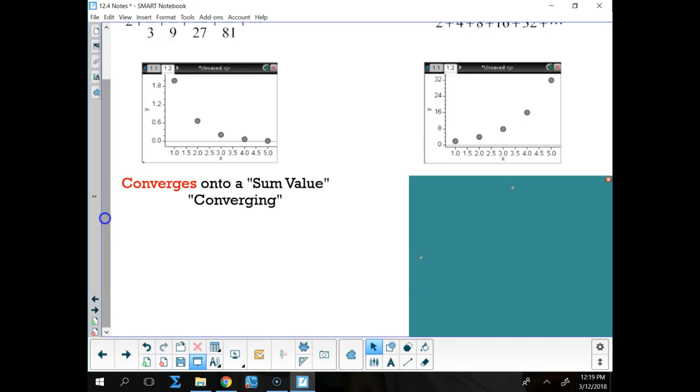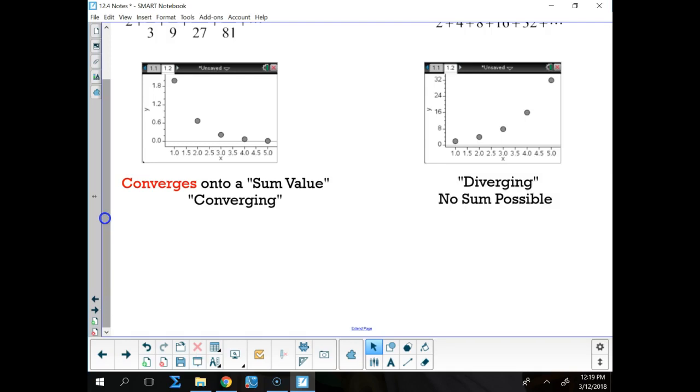So if the left series is converging, what's the right series then? Diverging. Okay. Now the nice thing with infinite geometric series is that if your series is diverging, you can't find the sum because the next term is bigger.